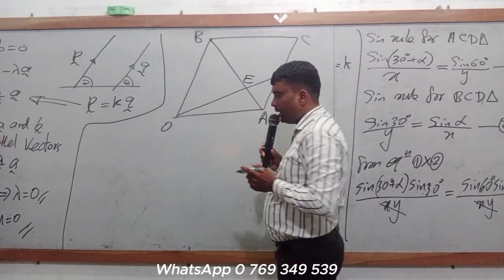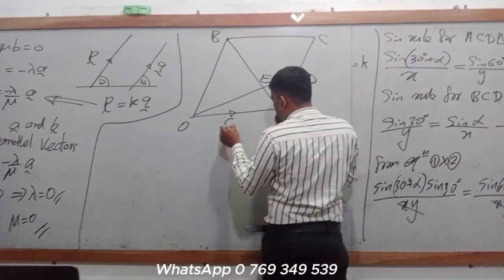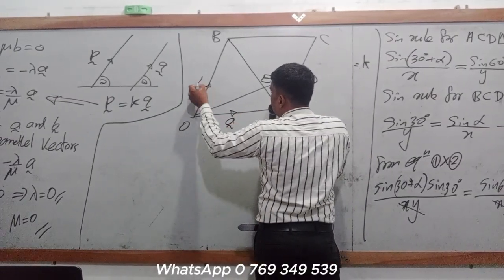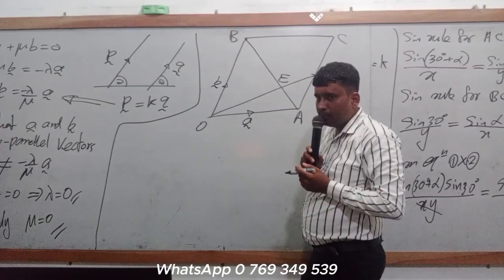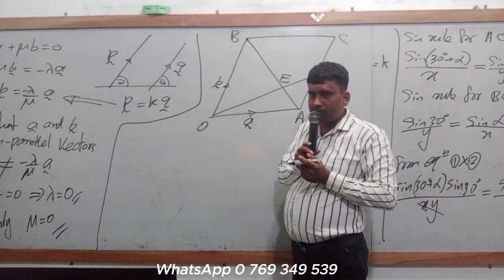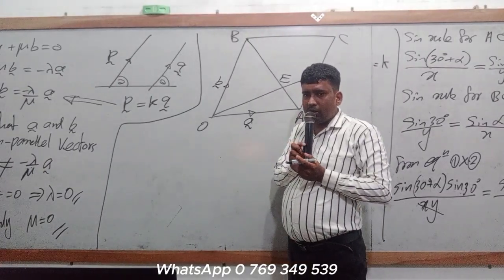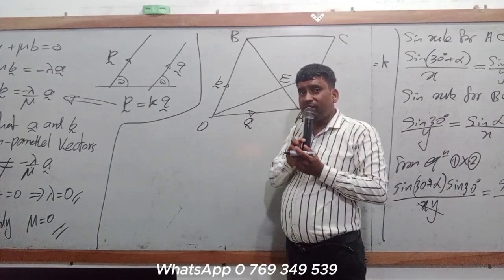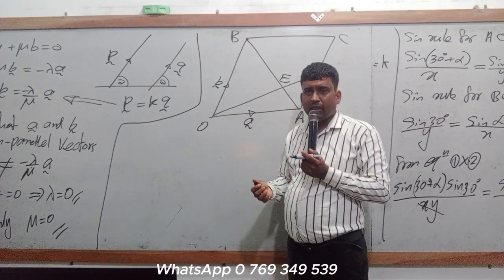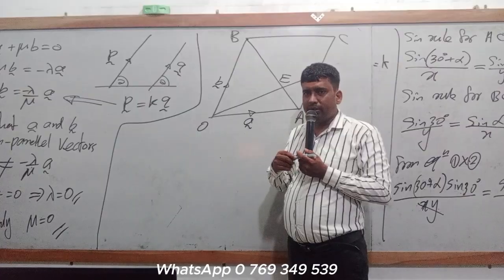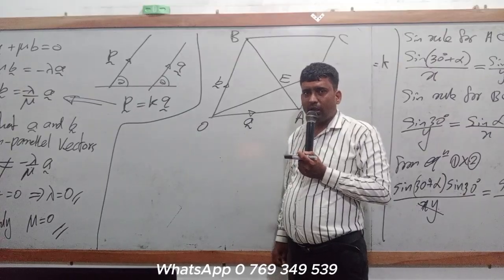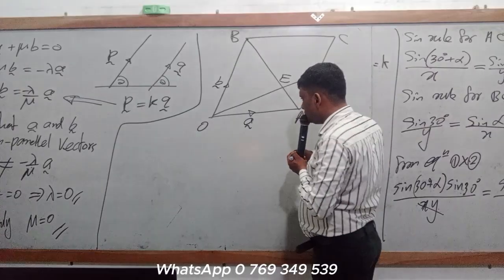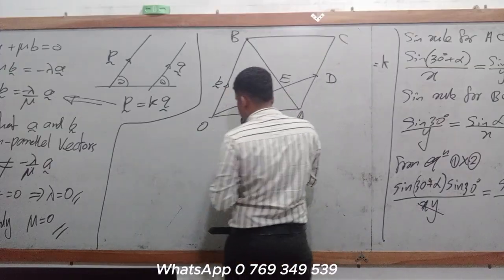Let OA be A and OB be B. Using the triangle law of addition, that one is also given theory, right?